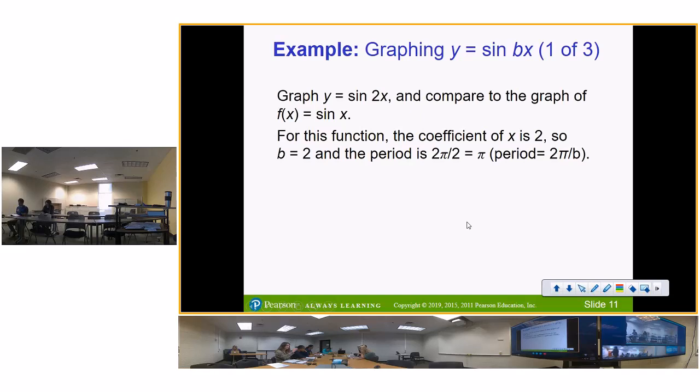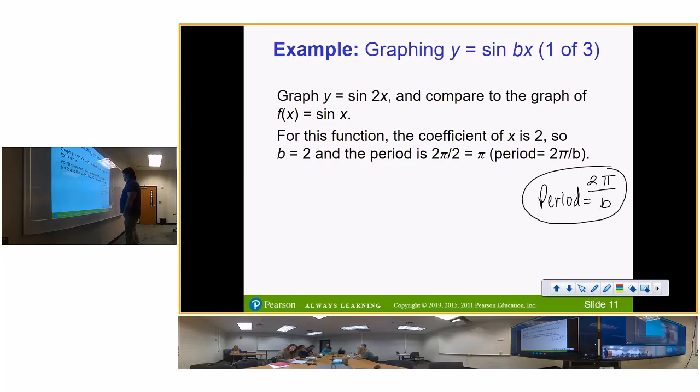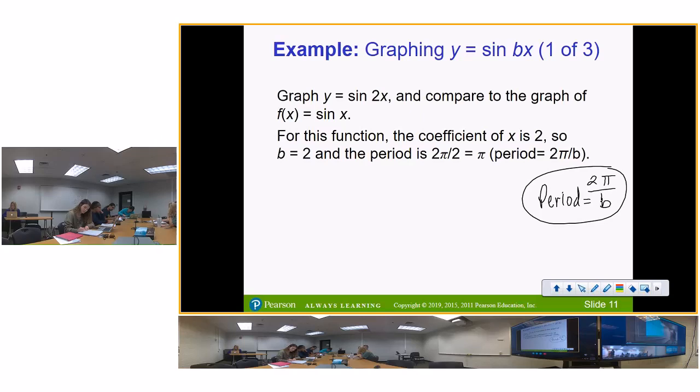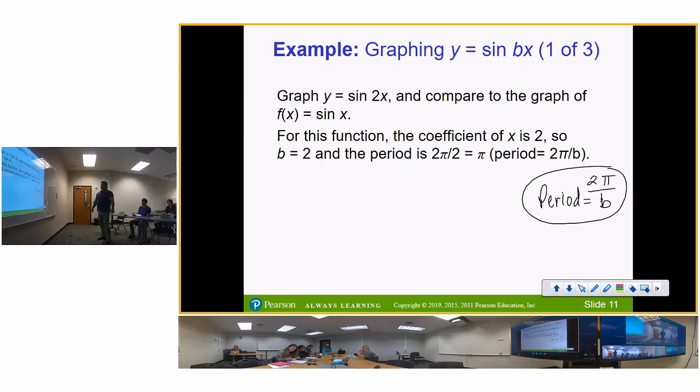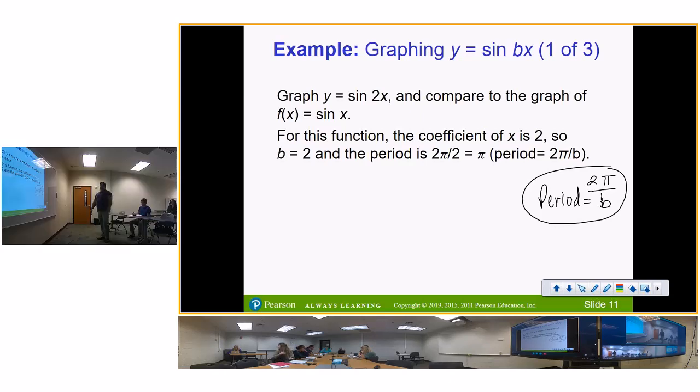The period is always going to be equal to 2 pi over b. B is your coefficient in sine of 2x.